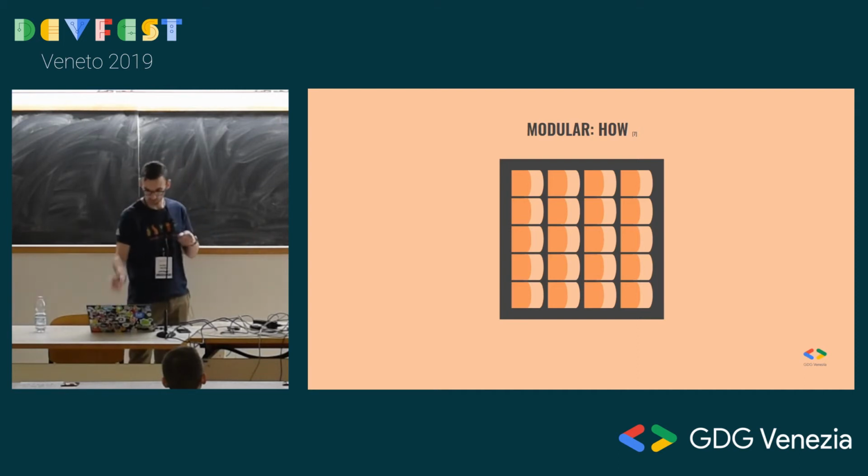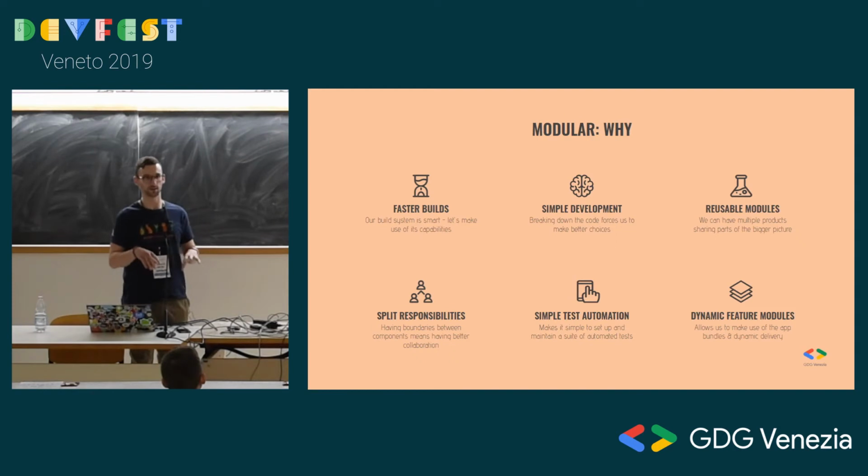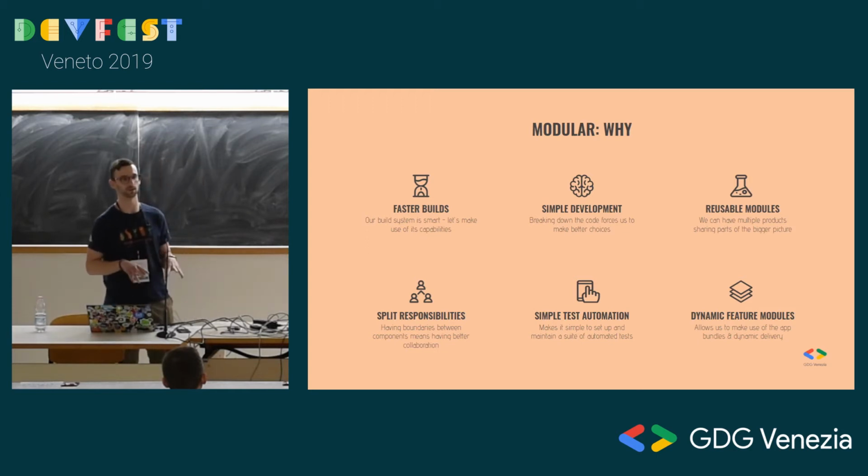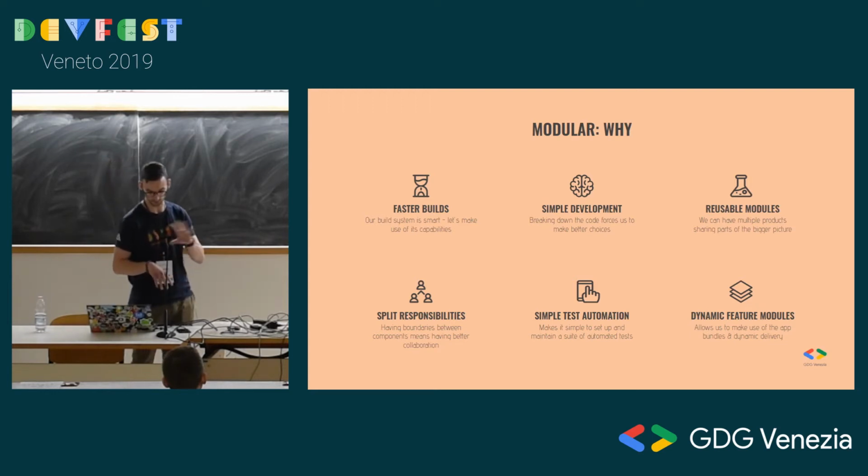So once more, why do we want to modularize, generally speaking, an Android project? Because it allows us to have faster builds, especially for incremental builds. As Gradle is very sophisticated, it can do some magic, some parallel computation, some selective compilation of the modules that you modify.